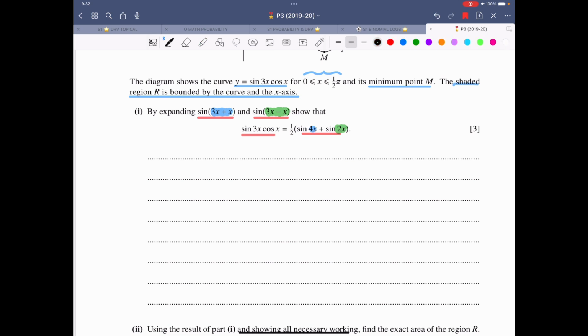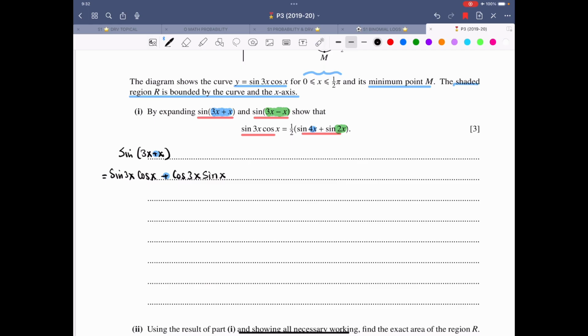Now, first of all, let me write over here on the sidelines sine bracket 3x plus x, which according to the addition formula is sine 3x cosine x plus cosine 3x sine x. It's a rule that if there is a positive sign in the middle in the addition formula, that positive sign remains.